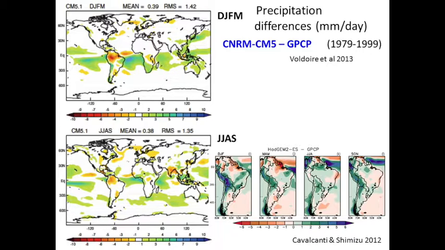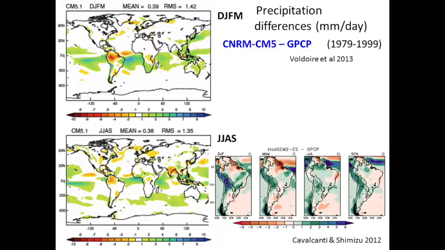And here is the precipitation difference of two seasons, extended seasons. And we see that some larger errors happen in the Amazon region. But this error is found in many, many, many models.